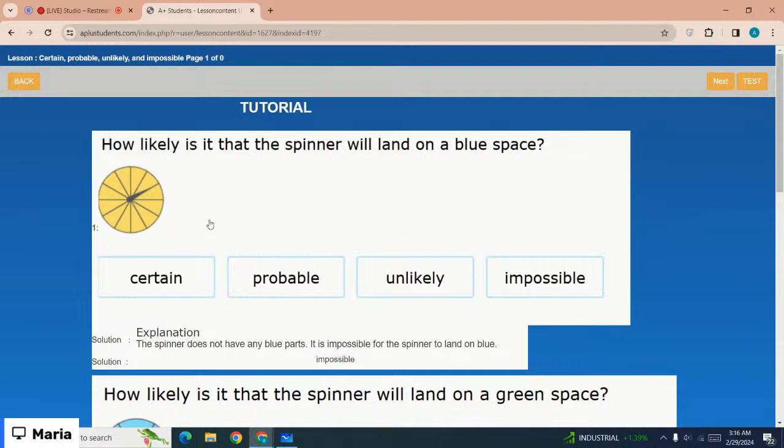There is no blue space on the spinner, so it is impossible that it will land on blue, because you don't have any blue portion here. So how will it land on blue, right? So that means it is impossible it will land on blue. Okay, good. The correct option is impossible, right? Because you have no blue portion.